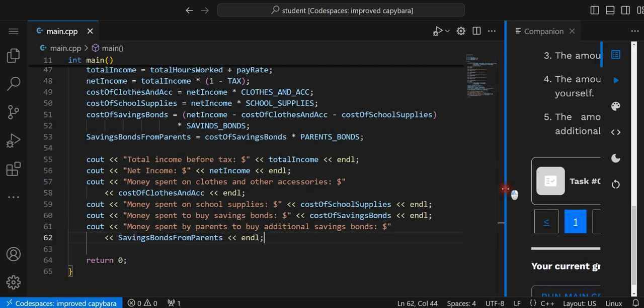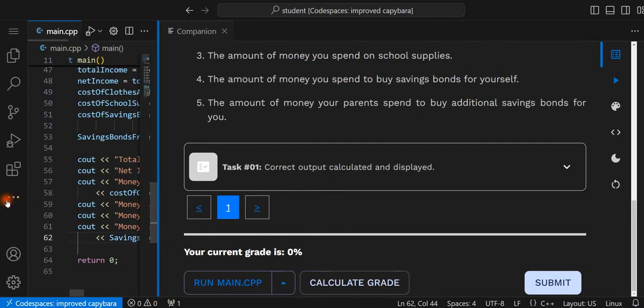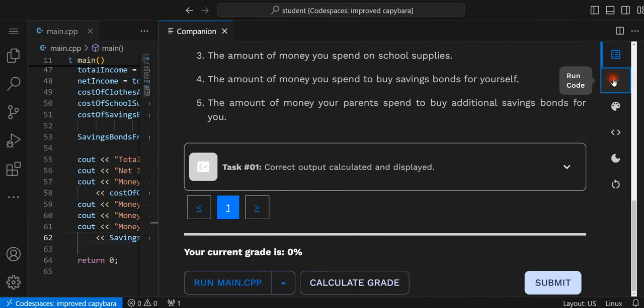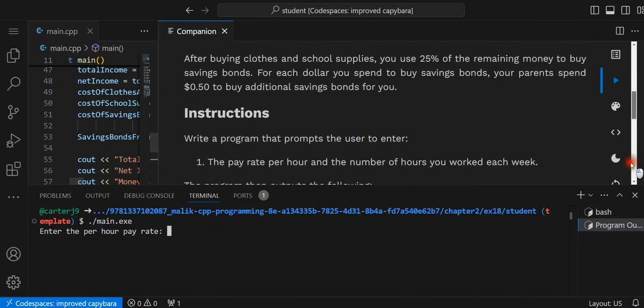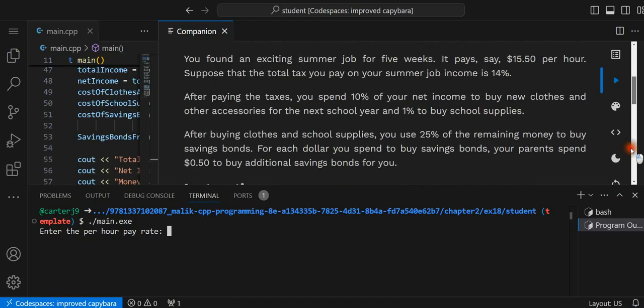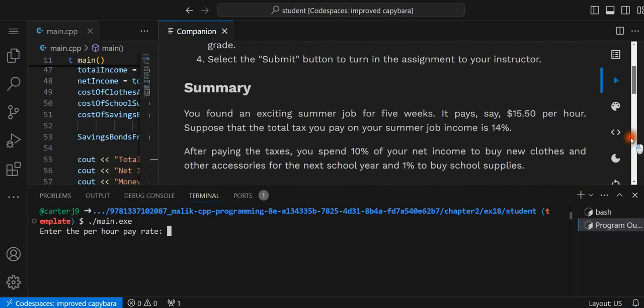Don't see any obvious errors, so yeah, let's do it. It doesn't tell us what to put. Okay, here we go. Pays $5.50 per hour. You find a job for 5 weeks.